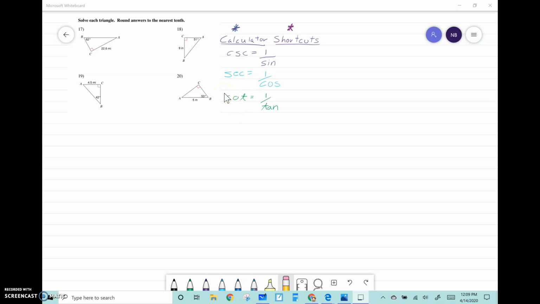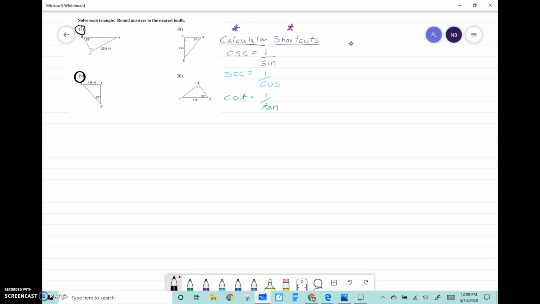But if you're comfortable with the Pythagorean theorem, then keep using that. There are some easier shortcut methods that we'll use on this review to find the results. So I'm going to cover 17 and 19 with everybody.